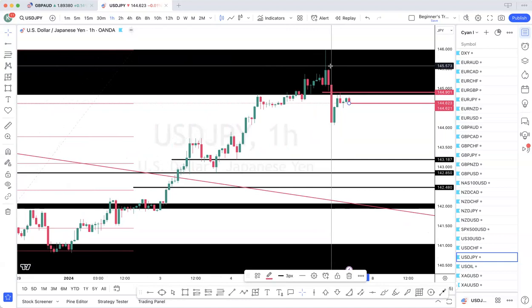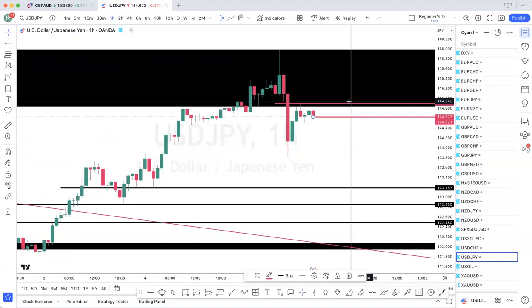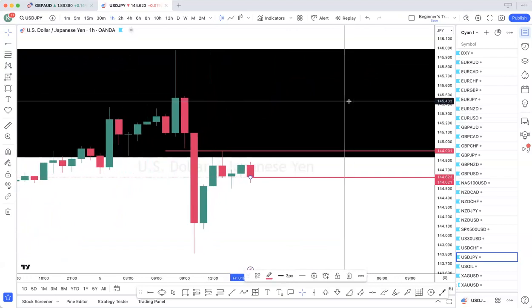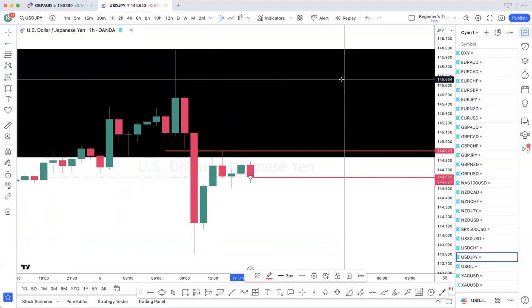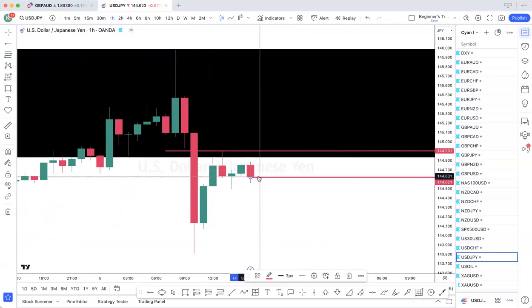That's the only thing I can see. So we won't know until at least Monday midnight, or Monday after midnight, because we already know what the Sunday open is going to be. Sunday open is going to be right here. And after Monday midnight, that would be the bias for the rest of the week.